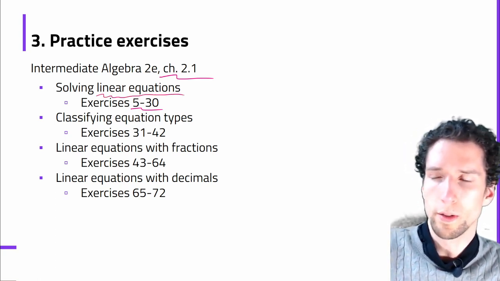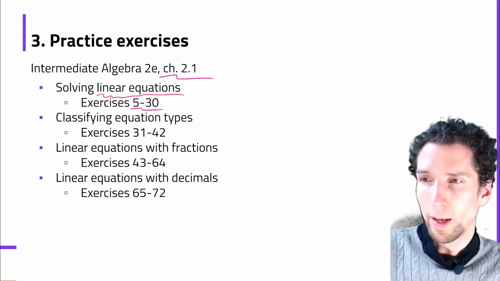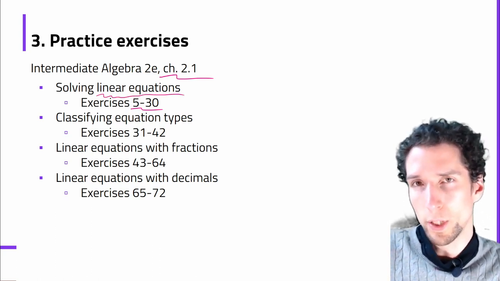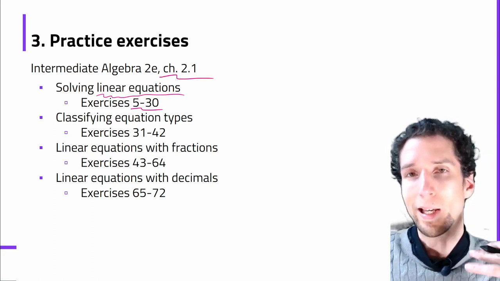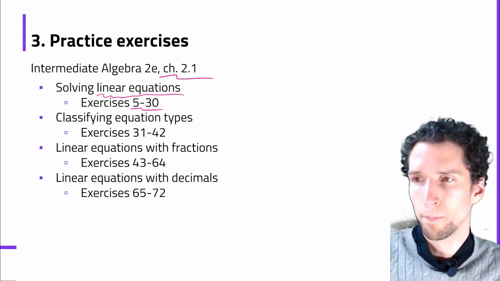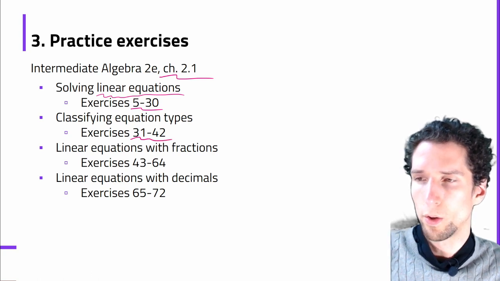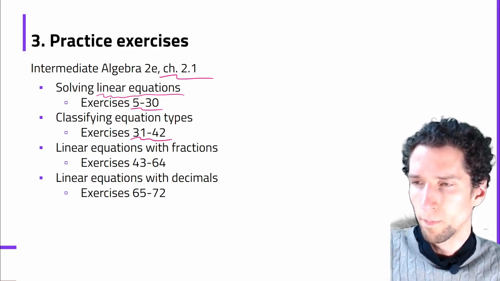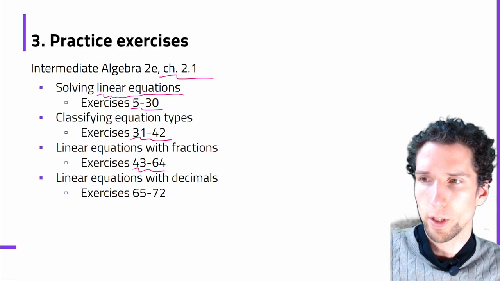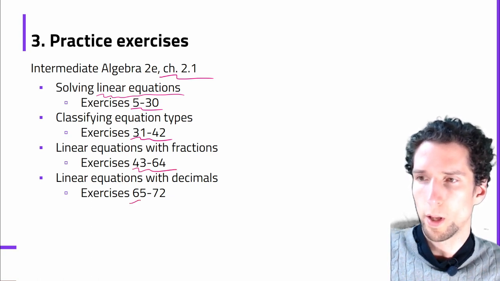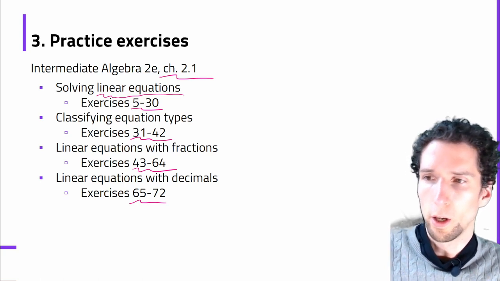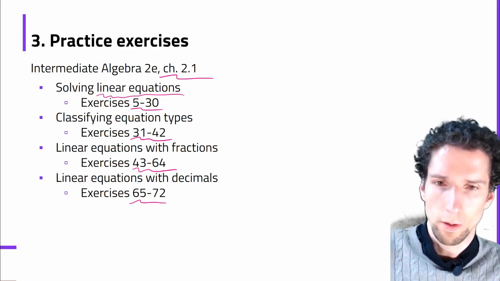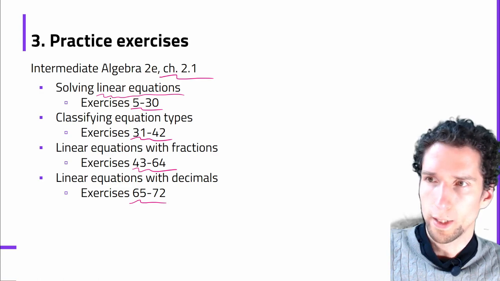Next, classifying equation types, so what we just did: conditional, identity, or contradiction. Those are here. Then linear equations involving fractions, these practice ones, and involving decimals, these practice ones here. So lots for you to practice.